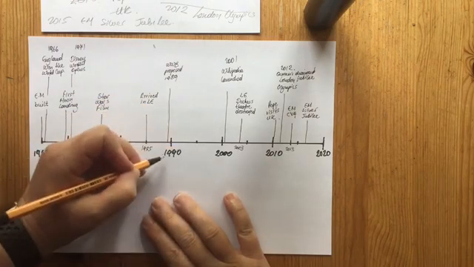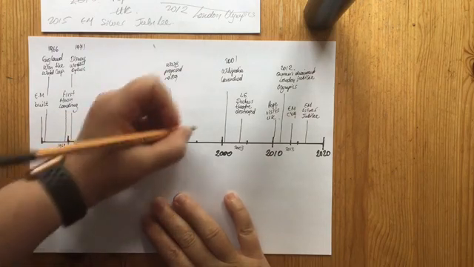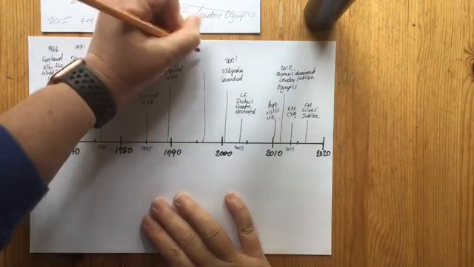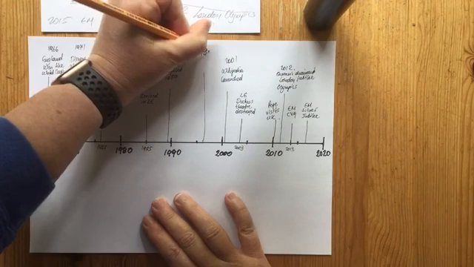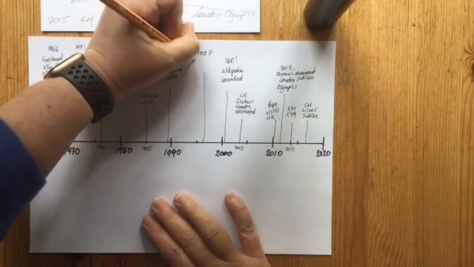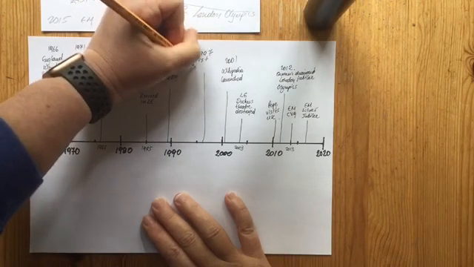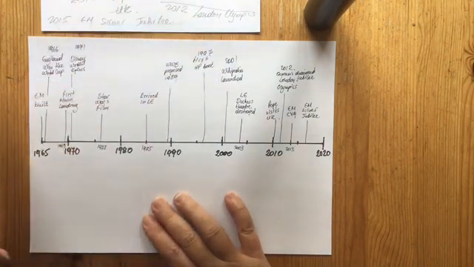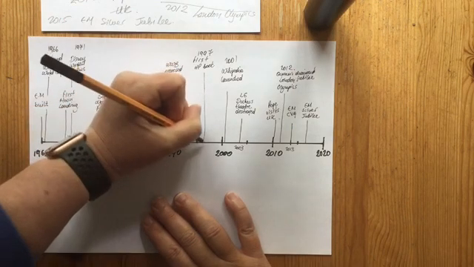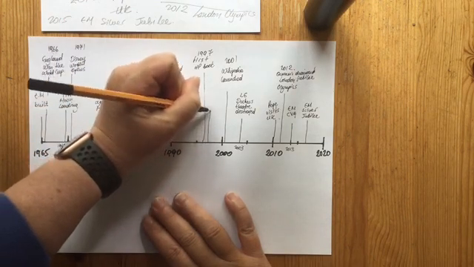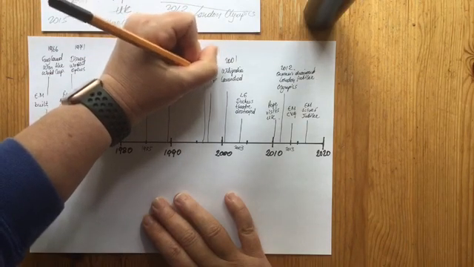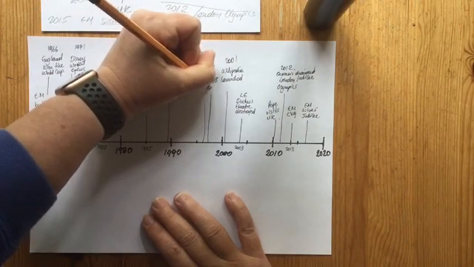So I'm going to look where I'm going to place this. 1995. Let's see, 97. First Harry Potter book published. And in 1998, Google was created.